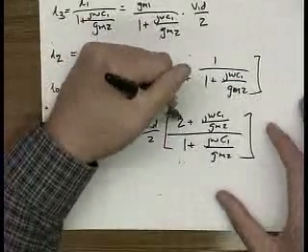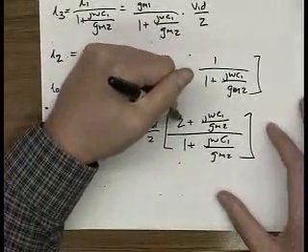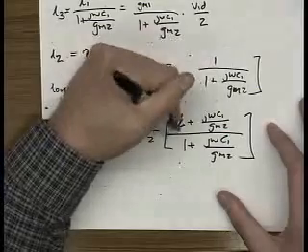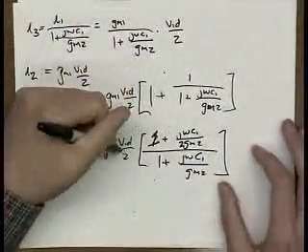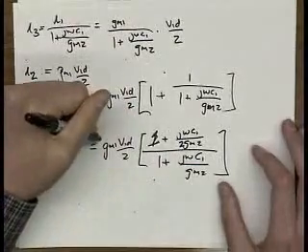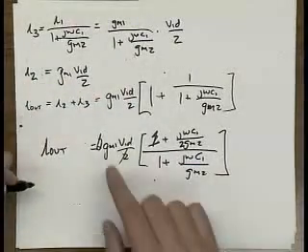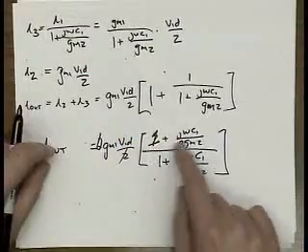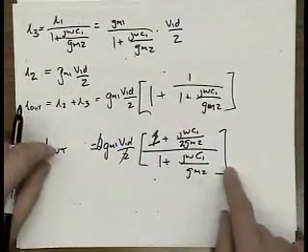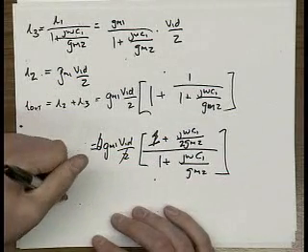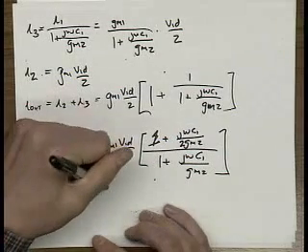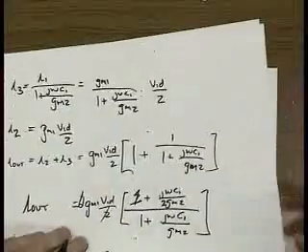Let's divide this by 2. So this becomes 1 over 2. Divide the numerator by 2 and the denominator. So we put a 2 out here, which gets multiplied by that. So I out equals Gm1 VID times 1 over this times 1 over that. And so V out is equal to I out times Z out. And you'll see where this is all going in just a second.